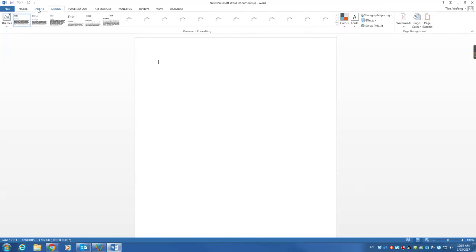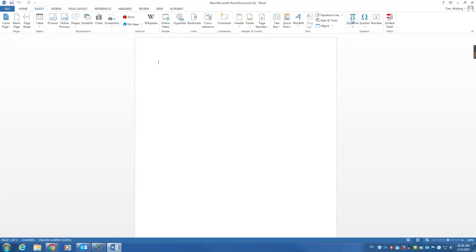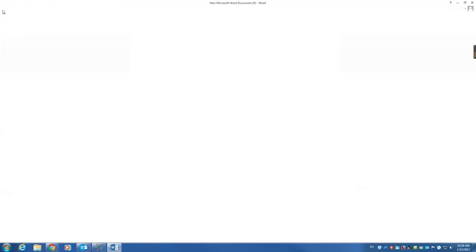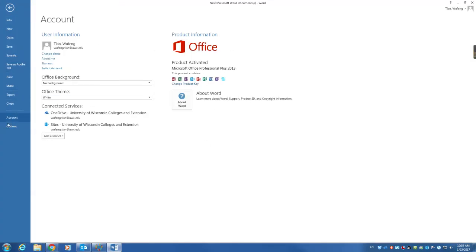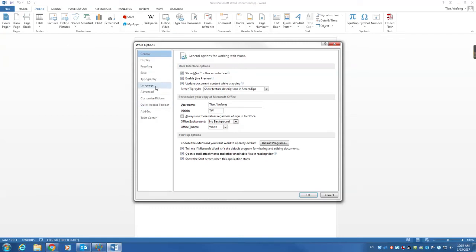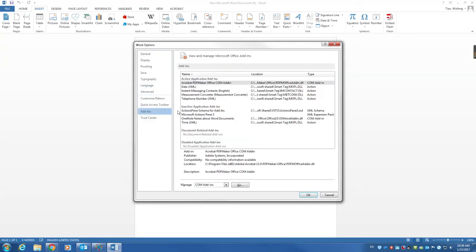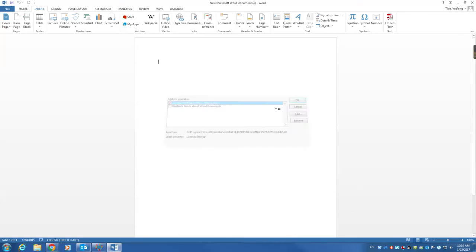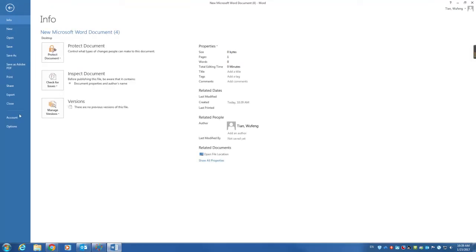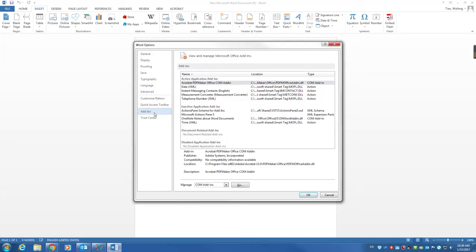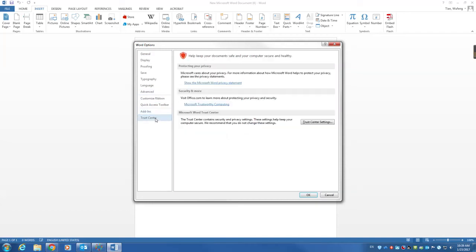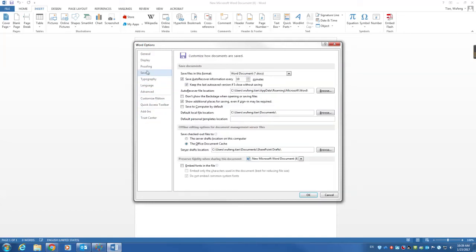Let's go to insert. Okay, insert equation here. If you don't see an equation here, I think there is a place where you can do insert, options, add-ins.